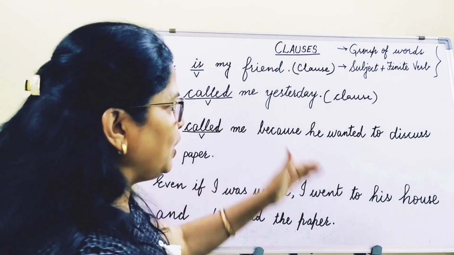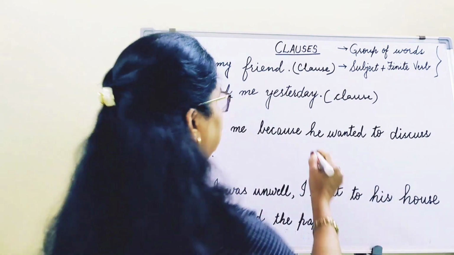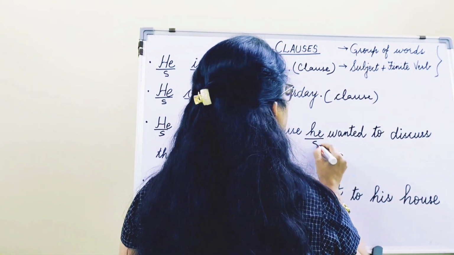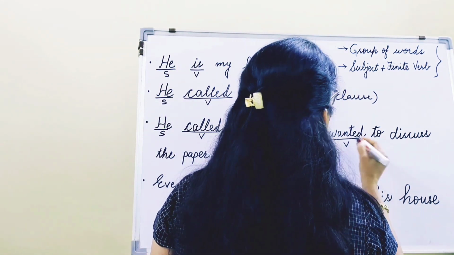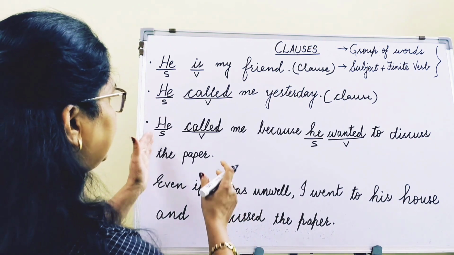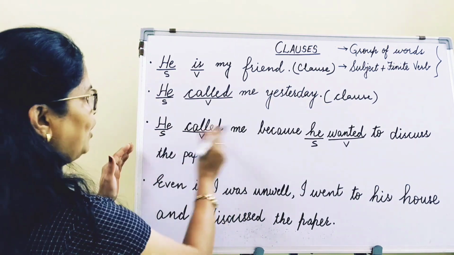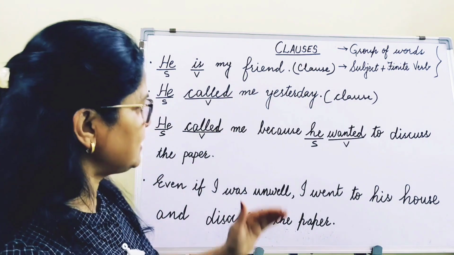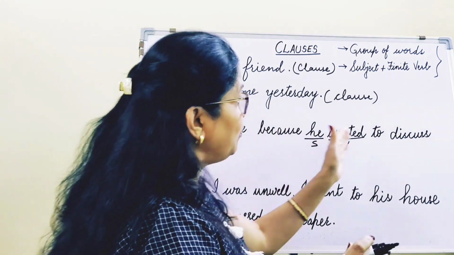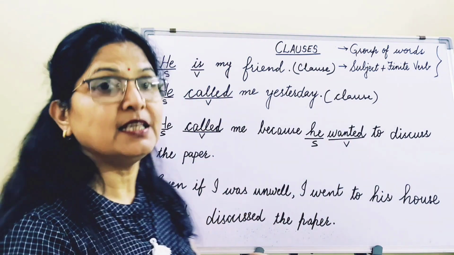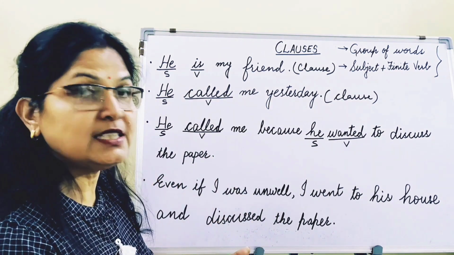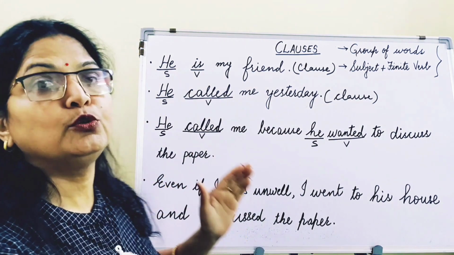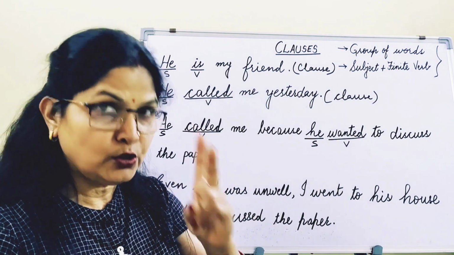He called me because he wanted, again you see, he, another subject, wanted, another verb. So if you see here, he called me is a clause, and because he wanted to discuss the paper is another clause. So now this sentence has how many clauses? This sentence has two clauses.